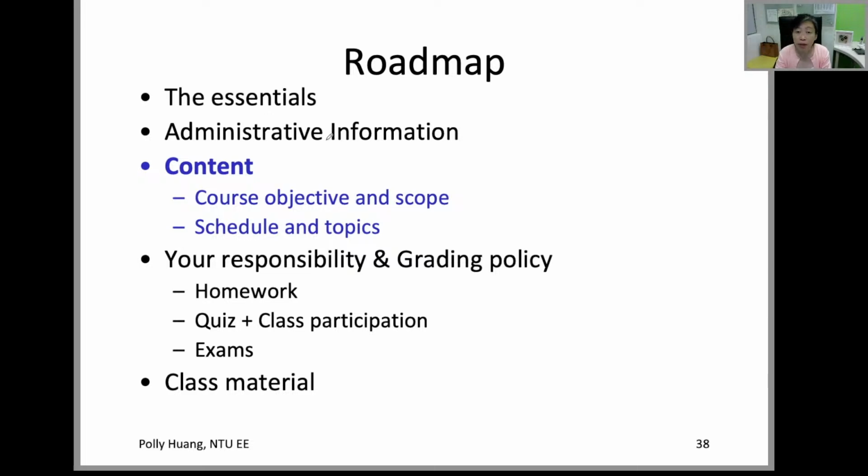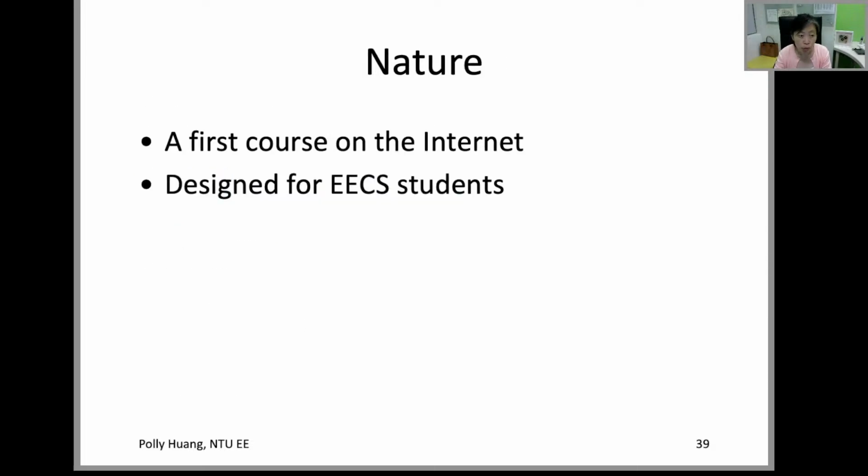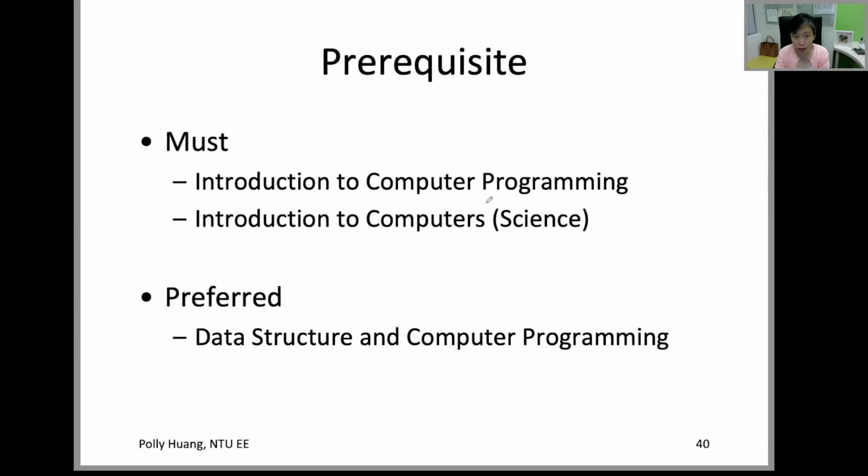Let's talk about the technical content we'll be covering this semester. This will be your first course on the internet. We do not assume you know anything about the internet, but we assume you have basic knowledge about computers and you know how to program. That's why these courses are the prerequisites.